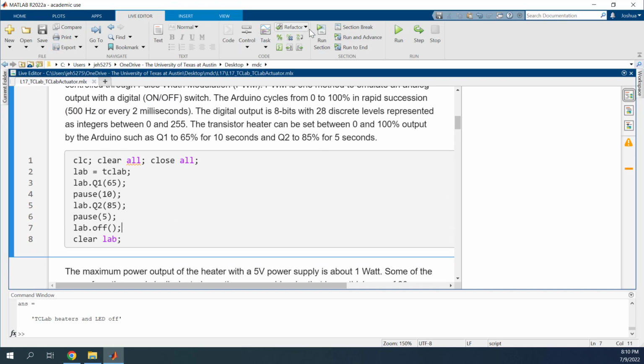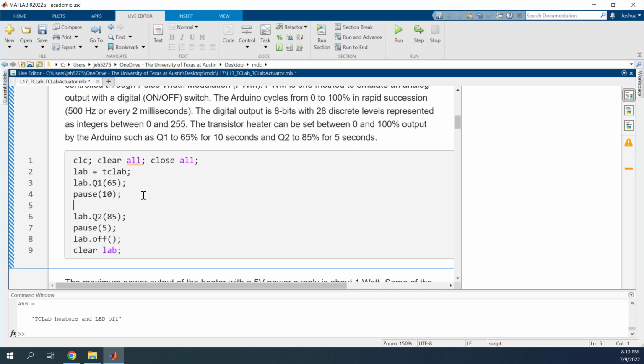So go ahead and set lab.q1 to 65. Let's do this. Let's add this real quick. We want to print the temperature before and afterward.